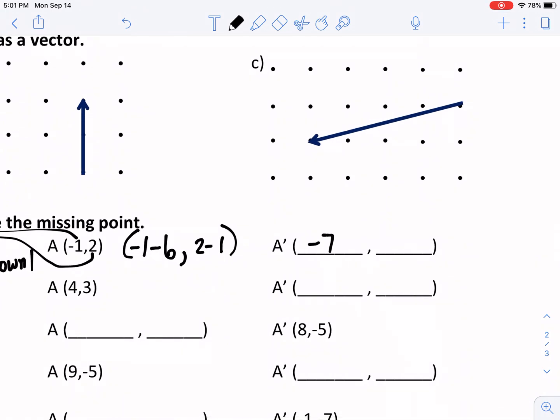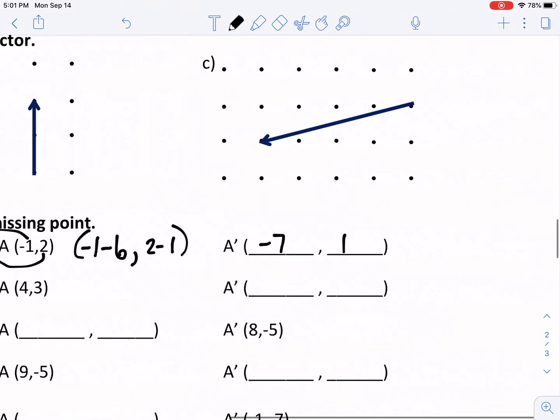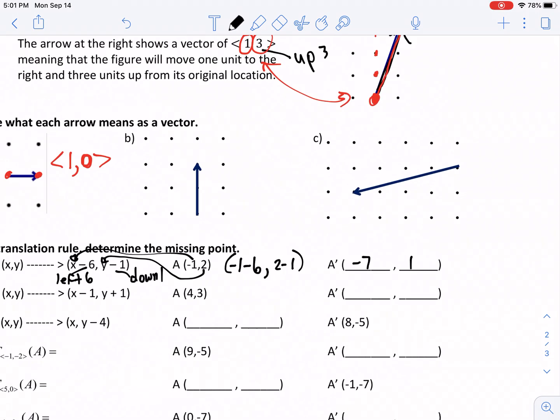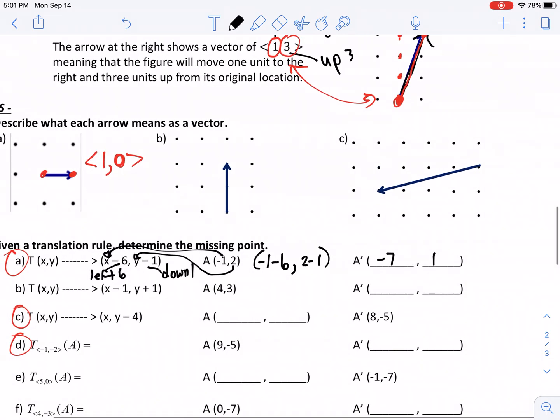And then what's 2 minus 1? 1. So when I translate it to the left 6 and down 1, my pre-image of A, -1, 2, moves to my image, -7, 1. So if they give you the point, all you have to do is plug it in when you're given the pre-image to find the image.